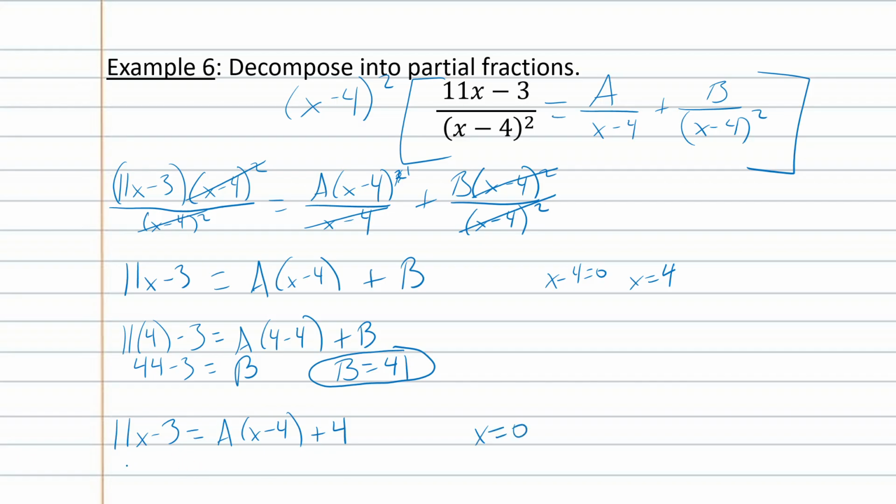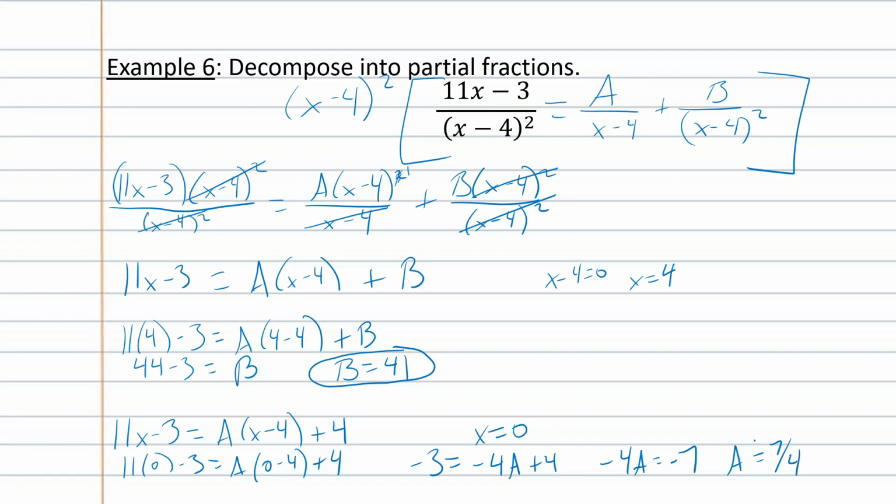If I choose x equals 0, I'm looking at 11 times 0 minus 3 equals A times 0 minus 4 plus 4. That's going to give me negative 3 equals negative 4A plus 4, which gives me negative 4A equals negative 7, which means that A equals 7/4.